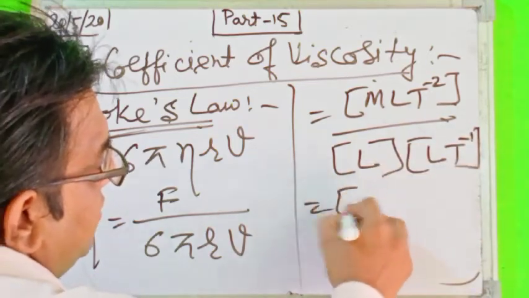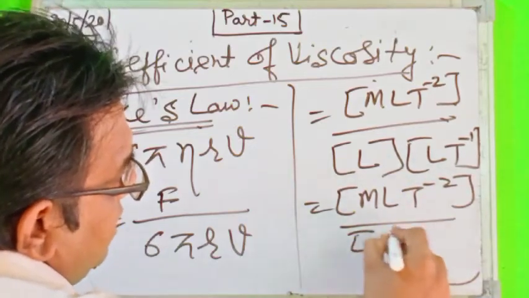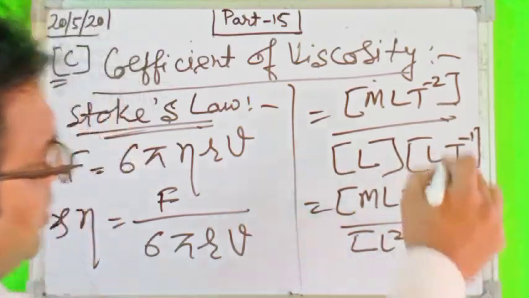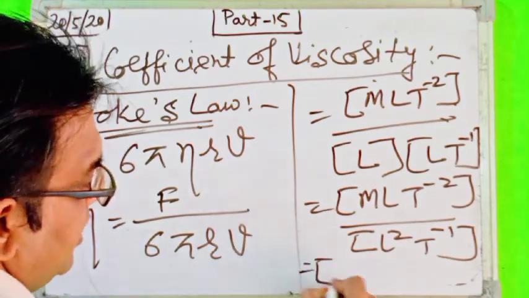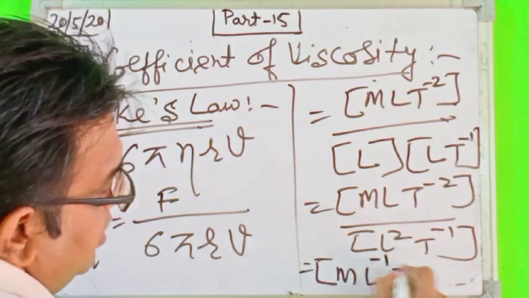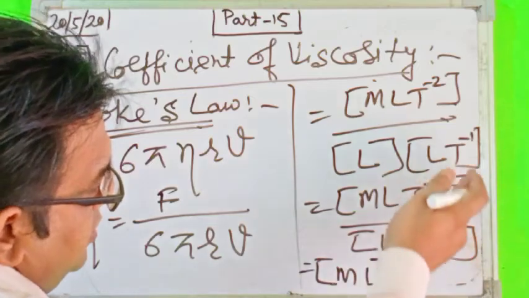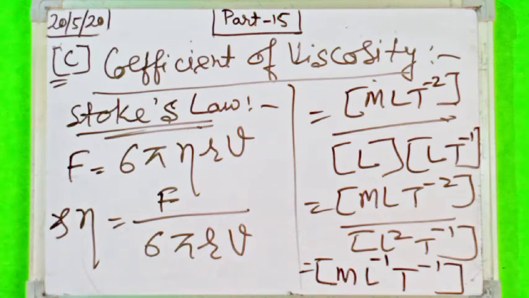So we get M L T minus 2 upon L square T minus 1, which gives M L minus 1 T minus 1. So from Stokes law also we have found the formula for the coefficient of viscosity.